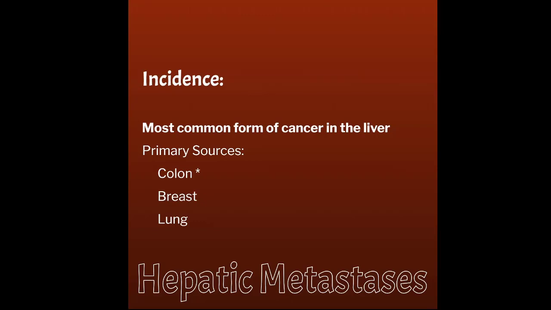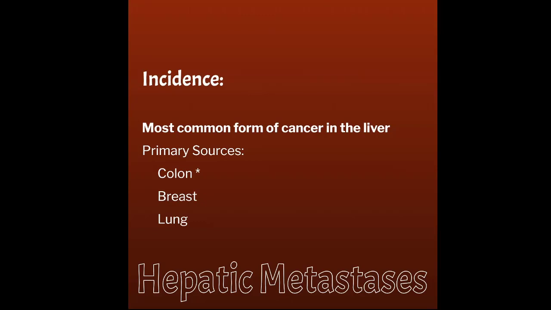What's the most important part, though, about hepatic metastases that you need to know is that hepatic metastases are the most common cancer form in the liver. So if a patient is presented to you with, this patient has liver cancer, you need to immediately think they most likely have metastatic liver cancer versus hepatocellular carcinoma.